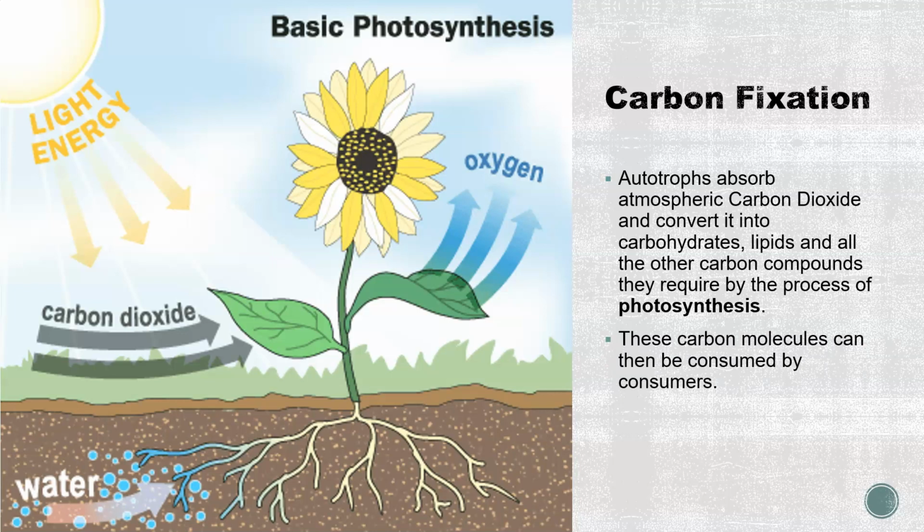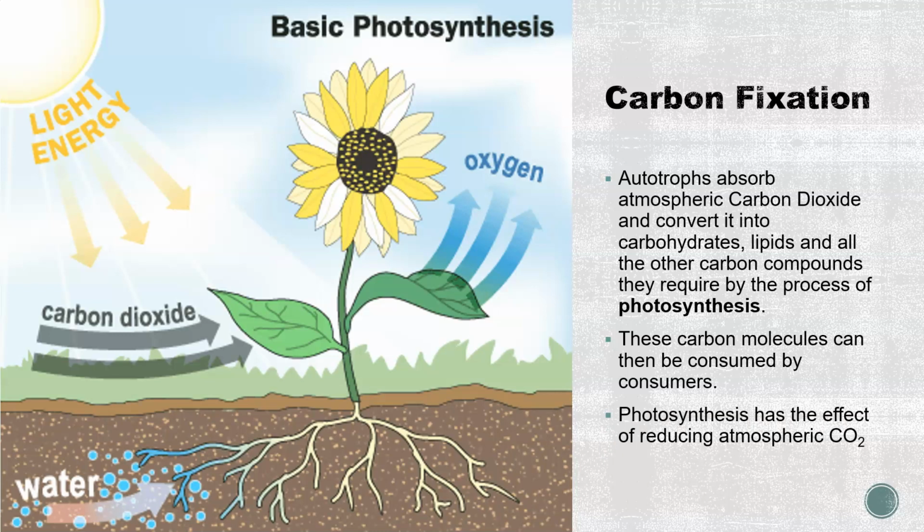So what that means is, yes, the glucose is made through photosynthesis, but photosynthesis has got to occur for all those other compounds to then be made. These carbon molecules can then be consumed by consumers. So all those carbohydrates, lipids, and other molecules then get eaten by the consumers.